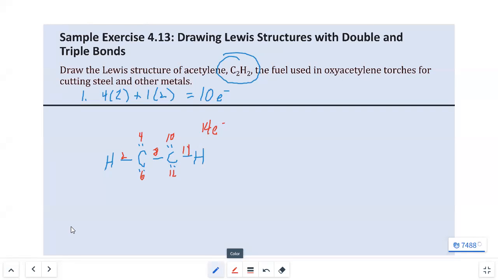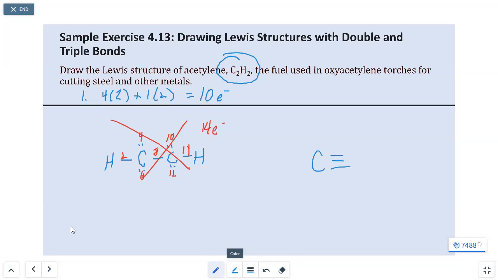So where can those bonds go? Well, they can't go to either of the hydrogens, because that would mean that hydrogen now has 4 electrons instead of 2. Hydrogen can't take any more than 2 electrons. So they have to go between the carbons.